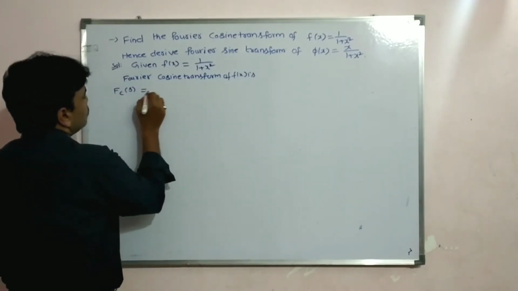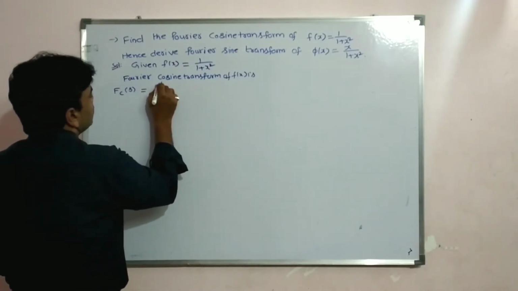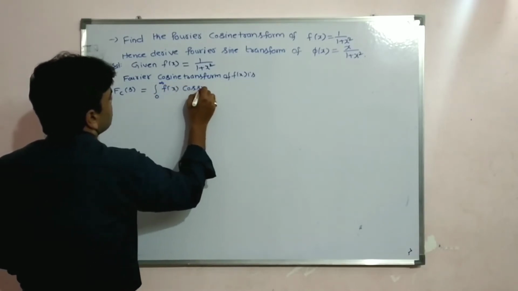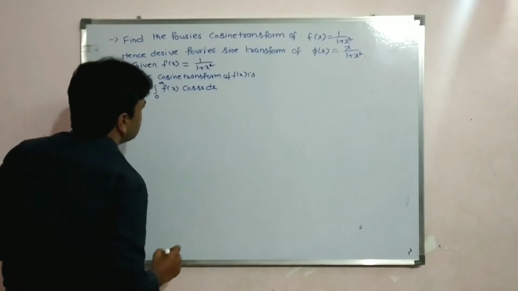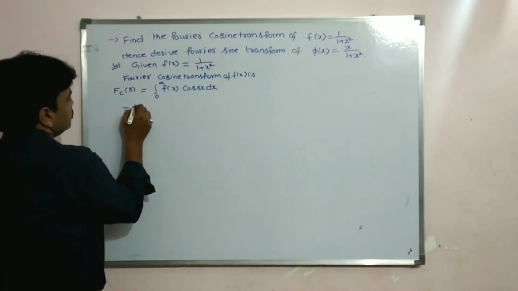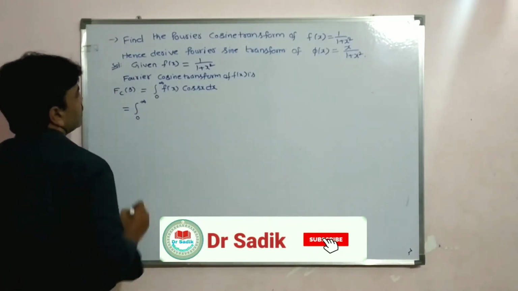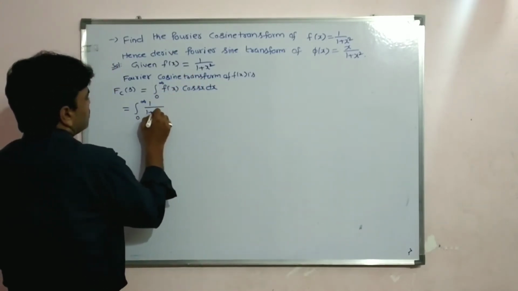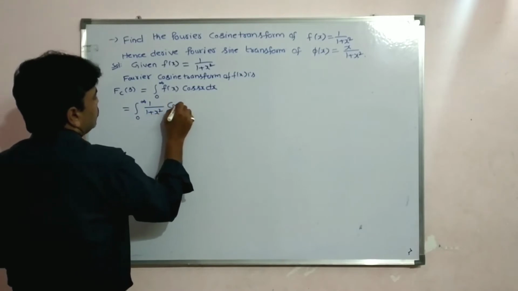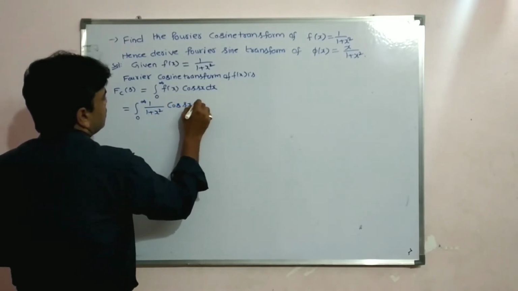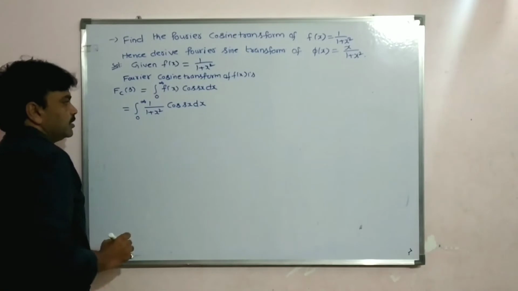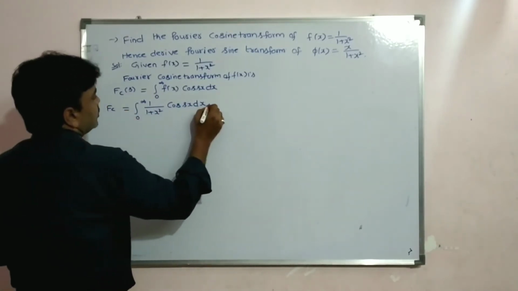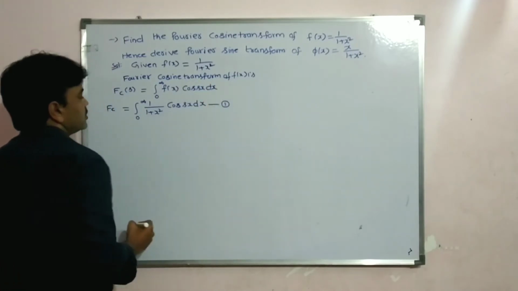So fc of s is equal to integral 0 to infinity f of x cos sx dx, which is equal to integral 0 to infinity 1 by 1 plus x square into cos sx dx. Say this is equation 1.